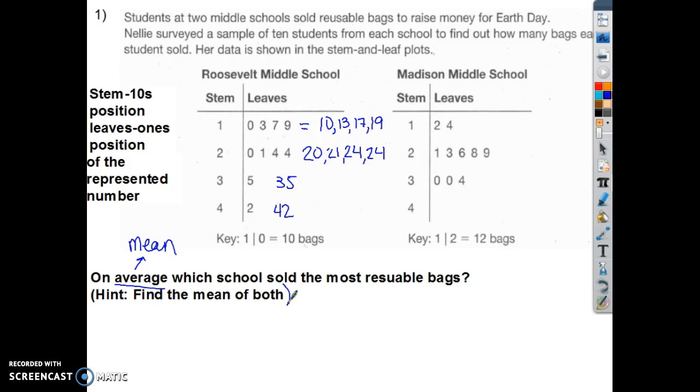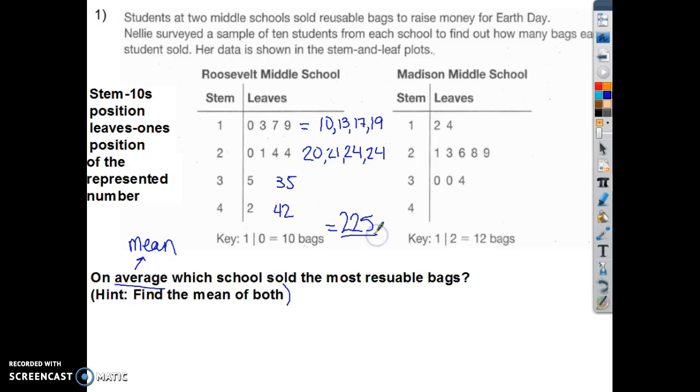So now to find the mean, we add up all of our data points and divide by the total number used. So let's add these up. Let me grab a calculator. So we add 10 plus 13 plus 17 plus 19 plus 20 plus 21 plus 24 plus 24 plus 35 plus 42. So what I just did was I added up all of these numbers, and that total comes to 225.